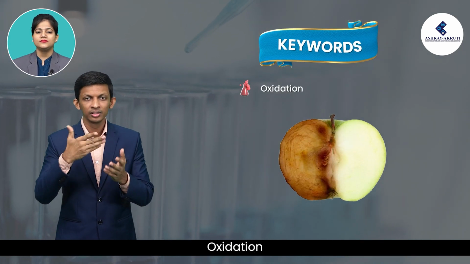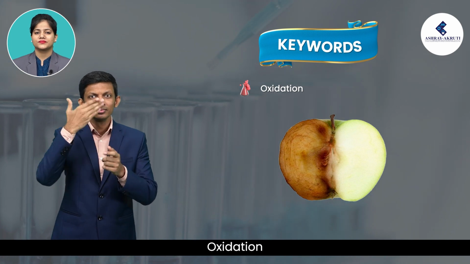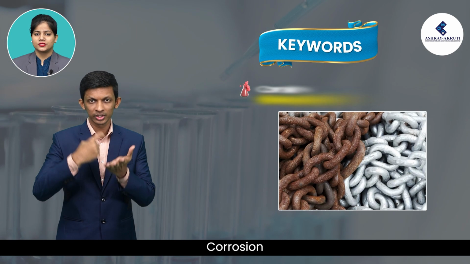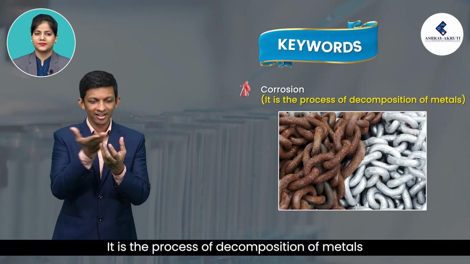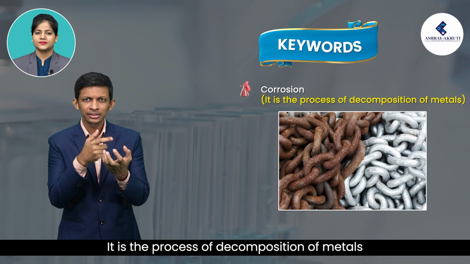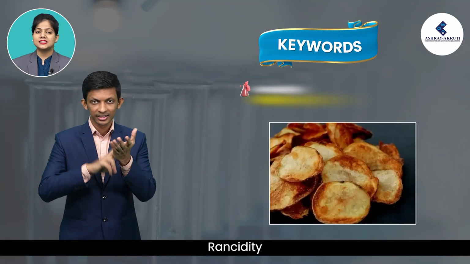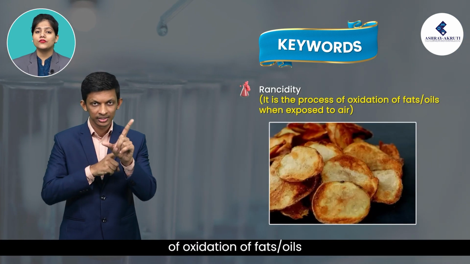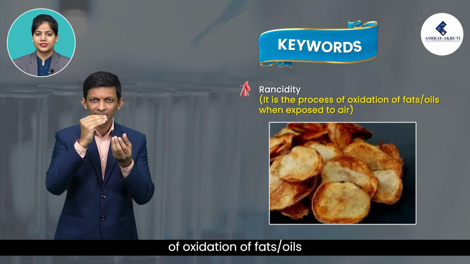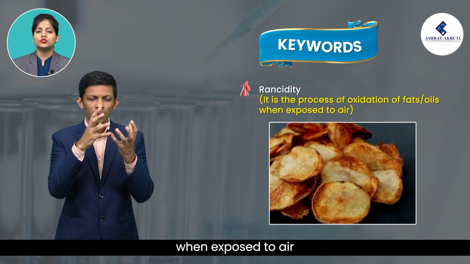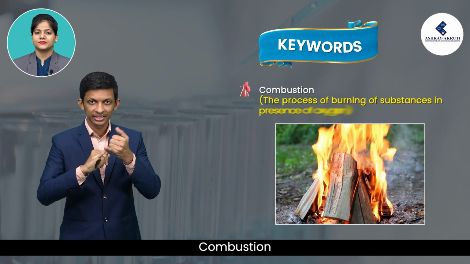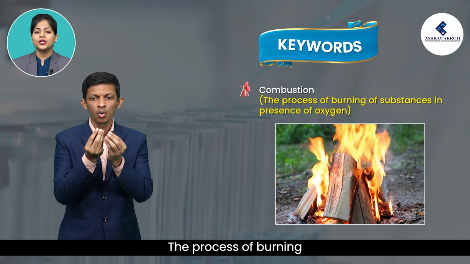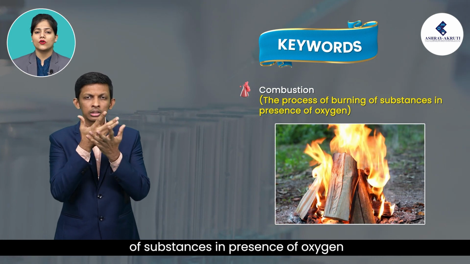Keywords: oxidation, corrosion. It is the process of decomposition of metals. Rancidity. It is the process of oxidation of fats, oils when exposed to air. Combustion. The process of burning of substances in presence of oxygen.